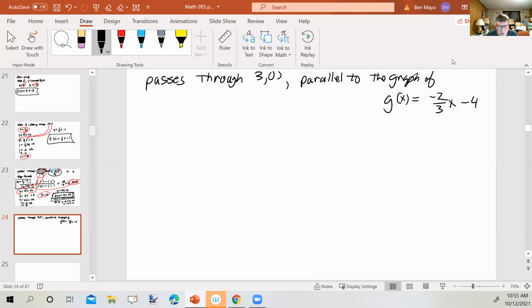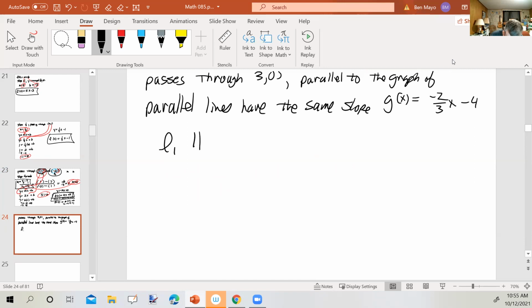Okay, so another idea from chapter 3 is this. Parallel lines have the same slope. So if line 1 is parallel to line 2, then the slope of line 1 equals the slope of line 2. All right.